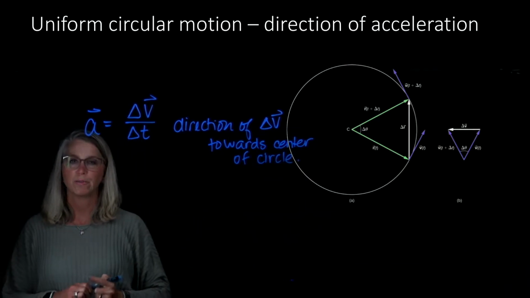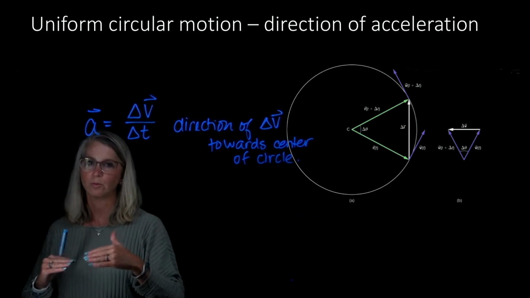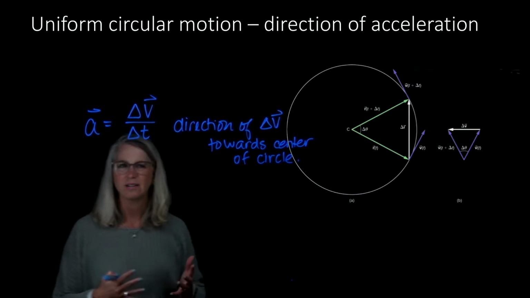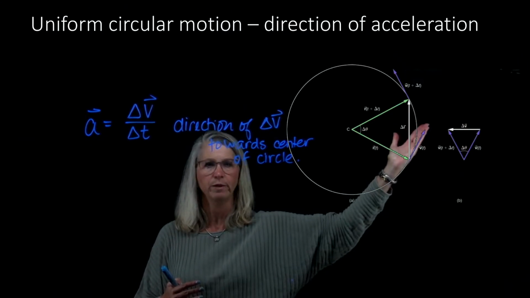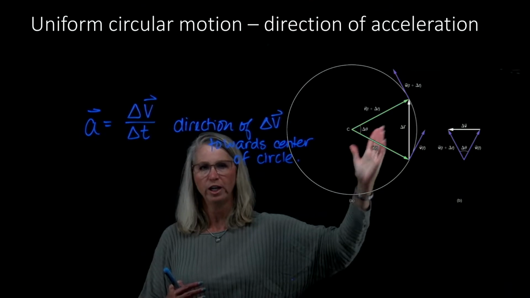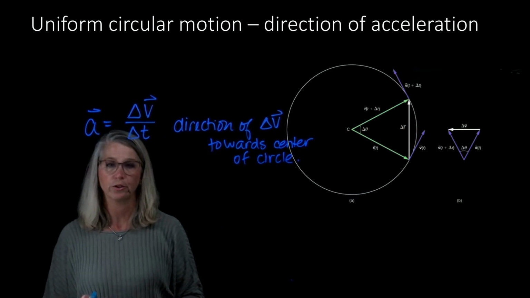That's the first piece of information we have about this acceleration: it's pointed towards the center of the circle. It should make sense, because looking at this velocity vector going from here to here, the acceleration resulting in its change has to move inward in order to stay in the circle.